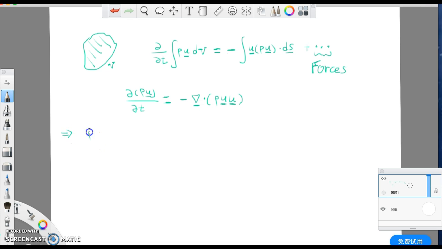Now we expand out both sides, so we have rho partial u partial t plus u partial rho partial t, and that equals minus, basically a product rule, u times the divergence of rho u.